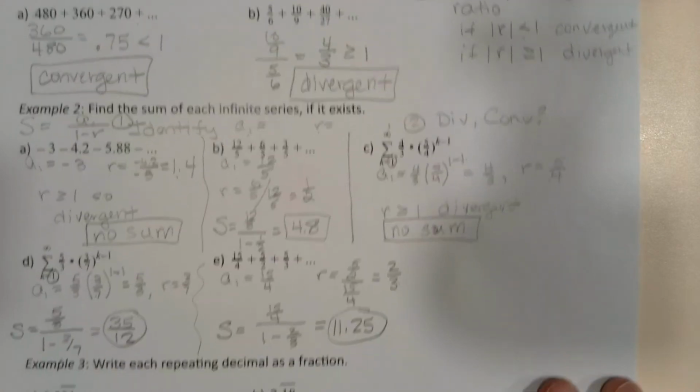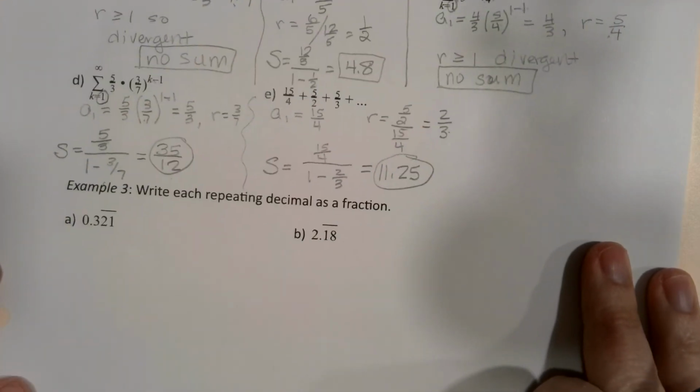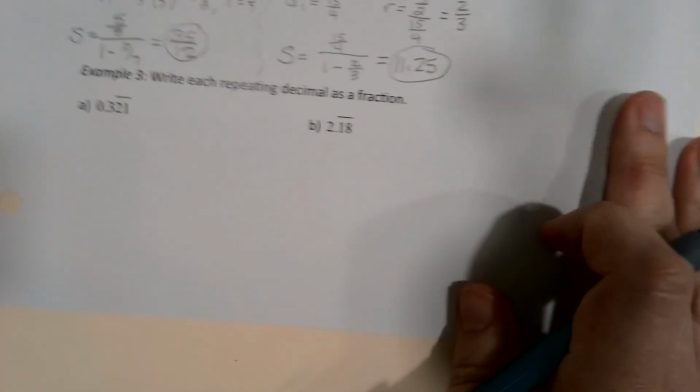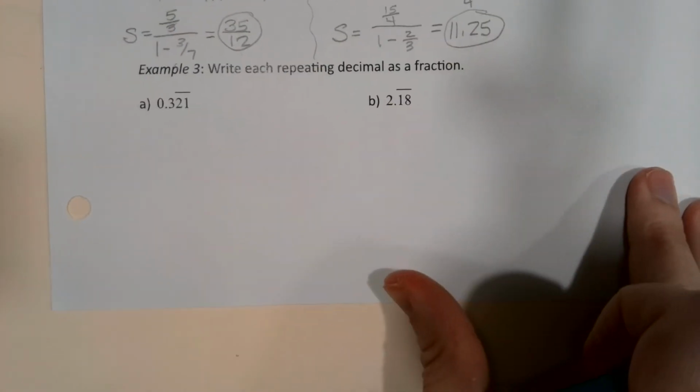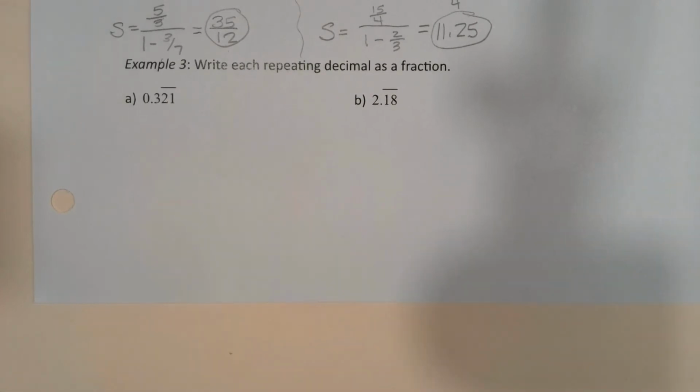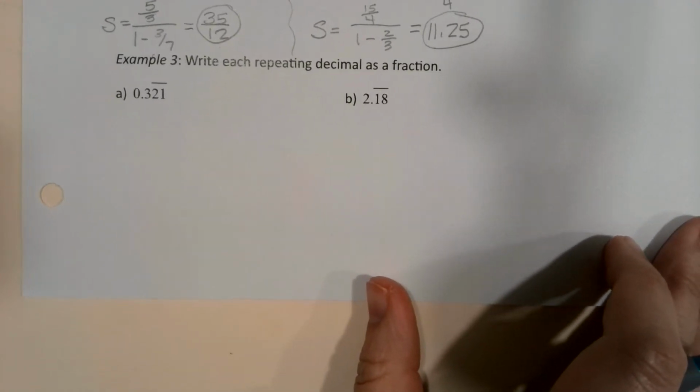Something that we will talk about really quickly that we've done this year already, actually, a little bit. Writing a repeating decimal as a fraction is actually an application of an infinite geometric series. So there's two ways to do this.